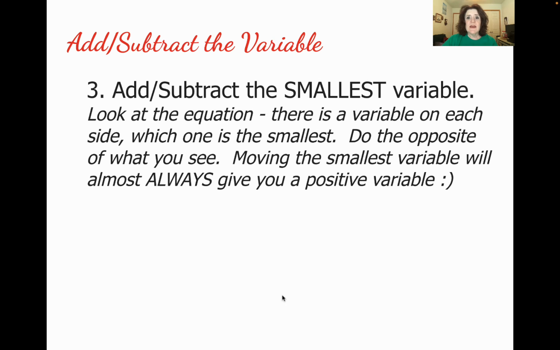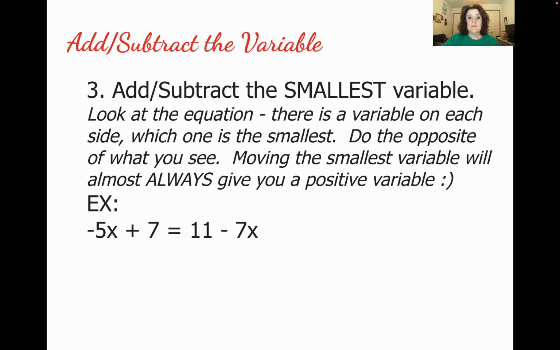Step 3 is to add or subtract the smallest variable. When you look at the equation, there's going to be a variable, an x, on both sides, and you have to figure out which one is the smallest. Do the opposite of what you see. Moving the smallest variable should almost always give you a positive variable in the end.